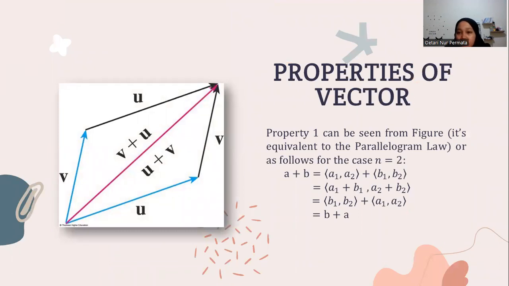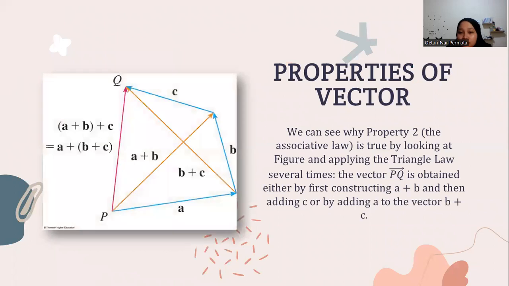Property 1 can be seen from the figure. It's equivalent to the parallelogram law. Atau bisa kita tulis jika n sama dengan 2 yaitu a tambah b sama dengan ⟨a1, a2⟩ tambah ⟨b1, b2⟩ sama dengan ⟨a1 tambah b1, a2 tambah b2⟩ sama dengan ⟨b1 tambah a1, b2 tambah a2⟩ sama dengan b tambah a.